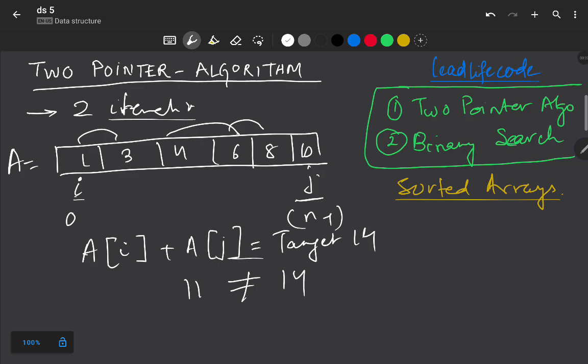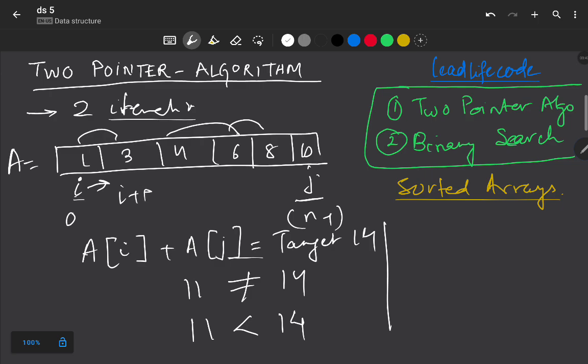Here you will check, is 11 greater than or lesser than 14? 11 is lesser than 14. If it is lesser, you will increment I, I plus plus.